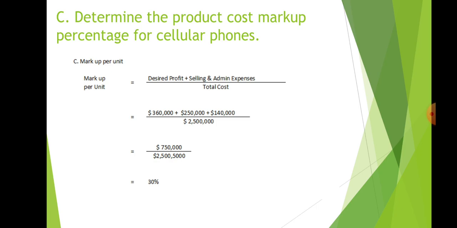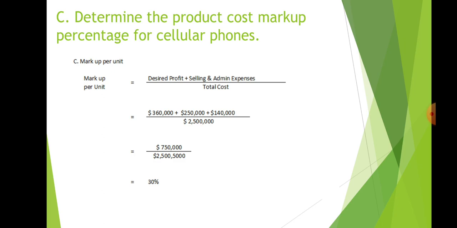Okay, letter C. Letter C is to determine the product cost markup percentage for cellular phones. We know that the formula for markup is the desired profit plus selling and administrative expenses over the total cost. We have computed the total cost. The desired profit is the answer to letter A, which is $360,000, plus administrative and selling expenses. The 250 is from the variable administrative and selling expenses, 25 times 10,000 units.